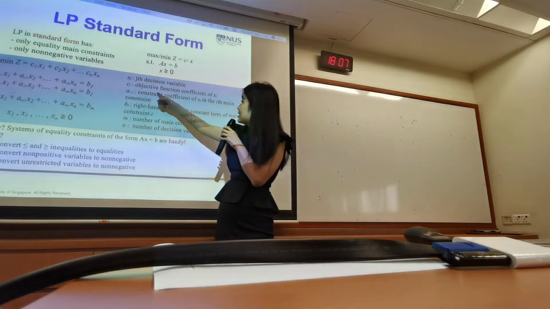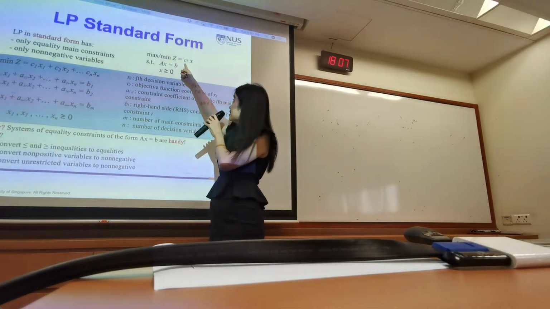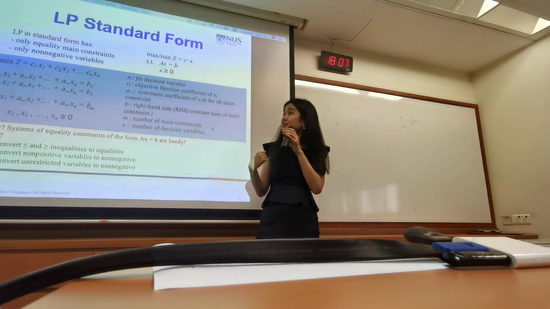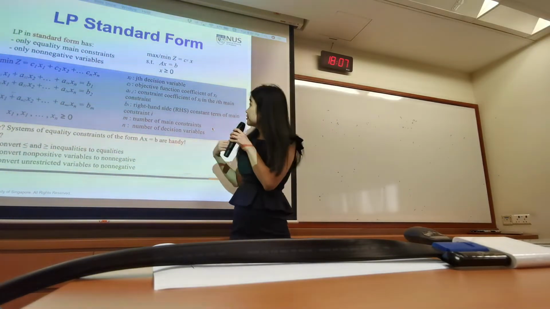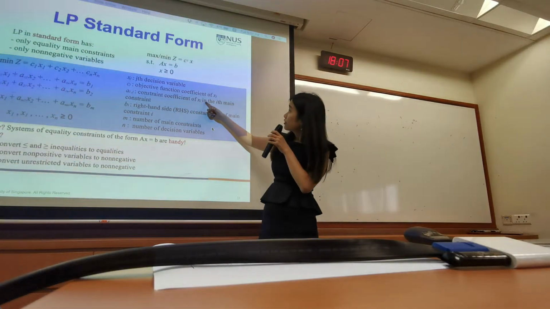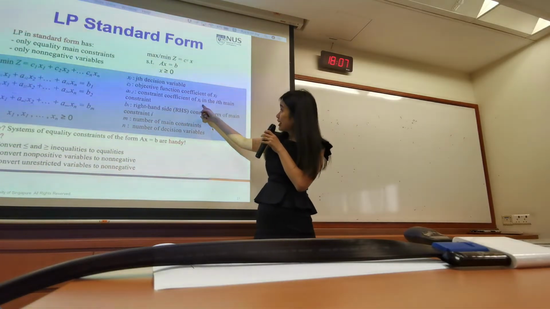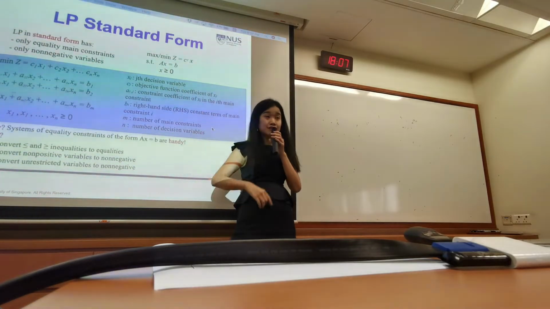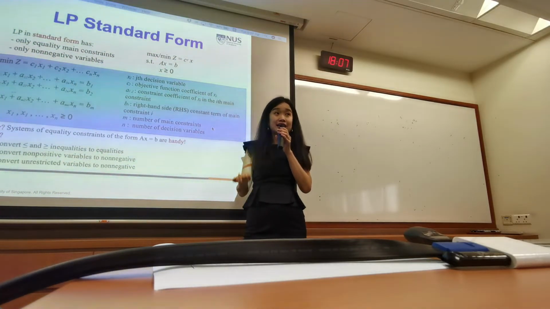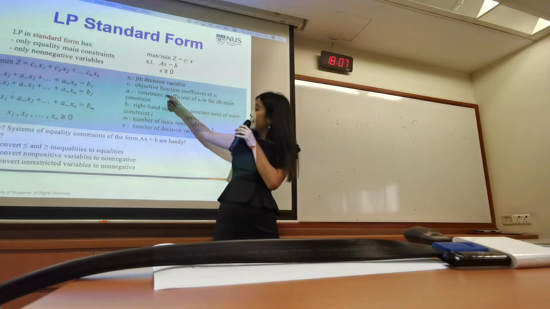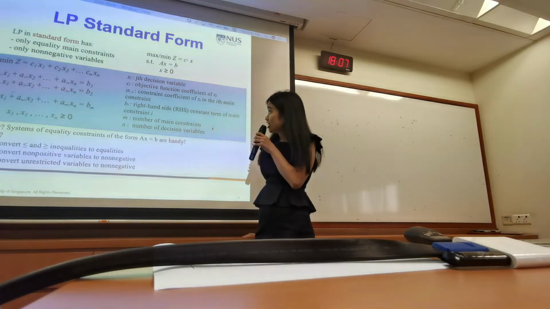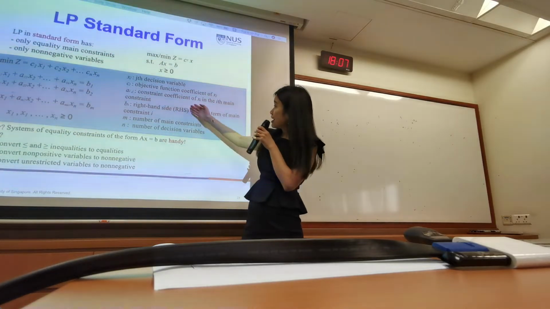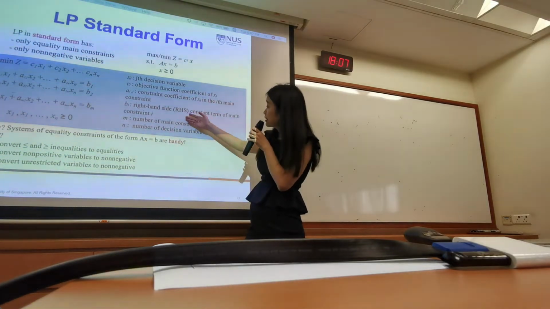You have your c, which are the constants here as coefficients in the objective function. And then you have your constraint coefficients, like all the elements a_ij in the whole A matrix, which correspond to how many x decision variables you have and how many constraints you have. Also you have your right-hand side constant terms of the constraints.